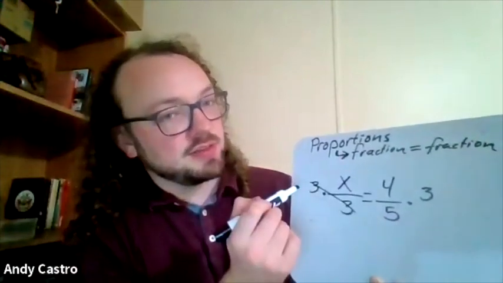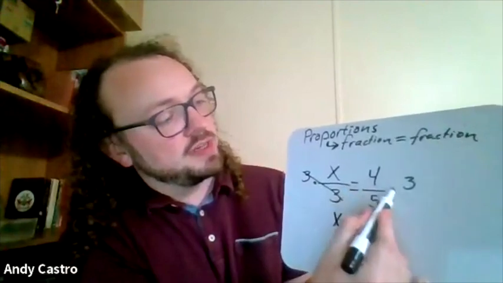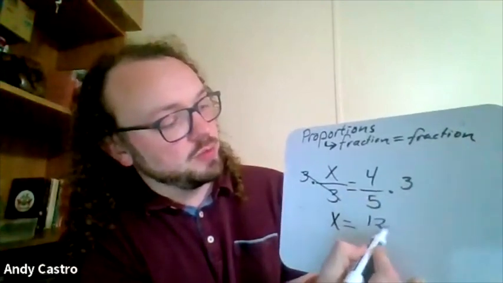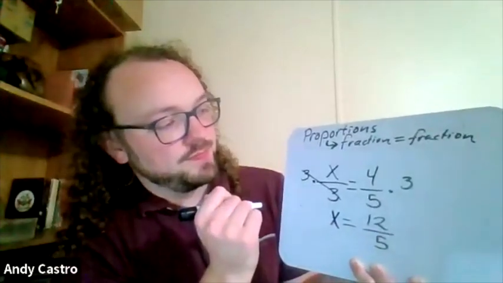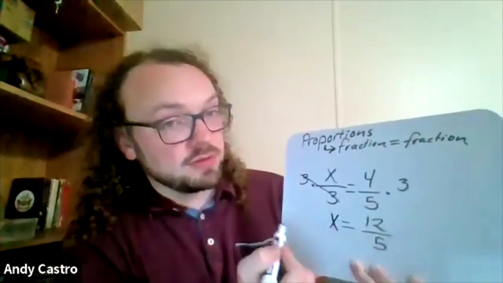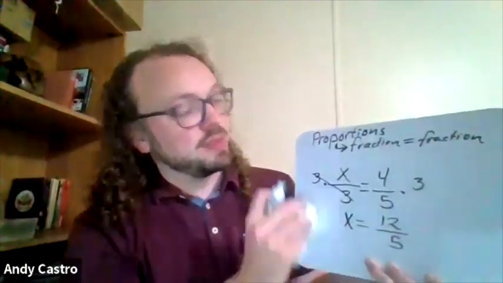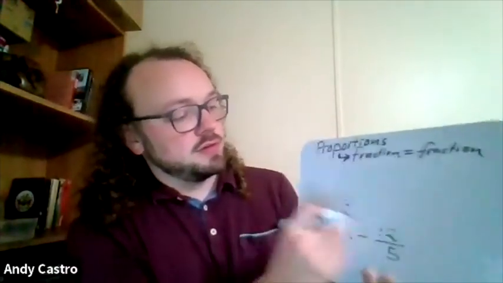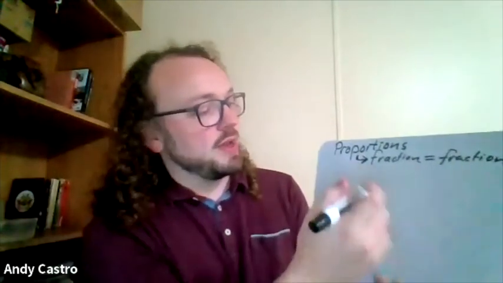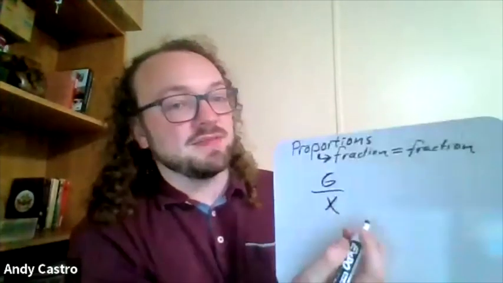So these 3's cancel out, and I have 4 times 3 in the numerator, which is 12, over 5. So that's one type of proportion that we might need to solve. But this one is just x divided by a number. The real fun is when we have a number divided by x.